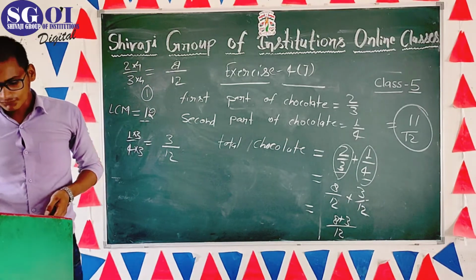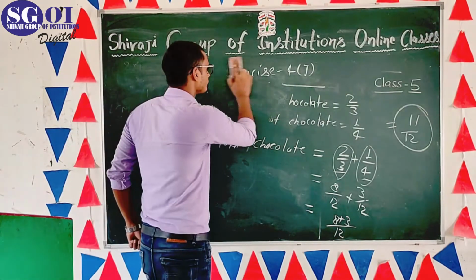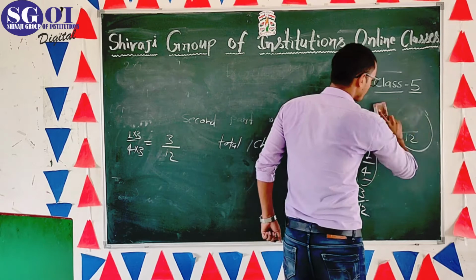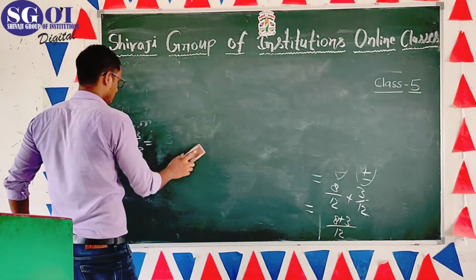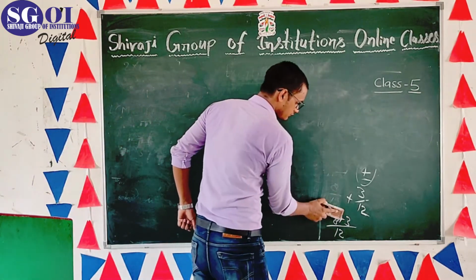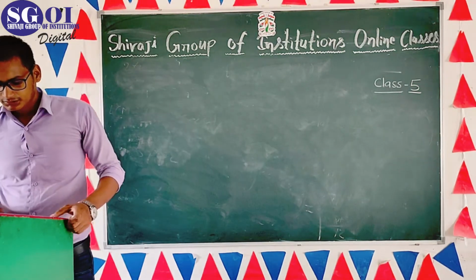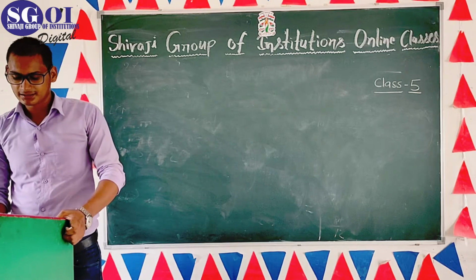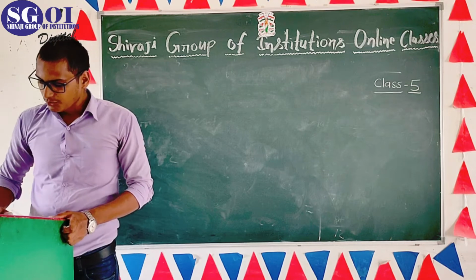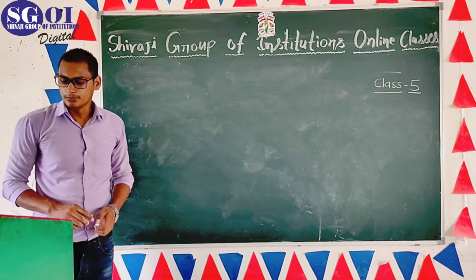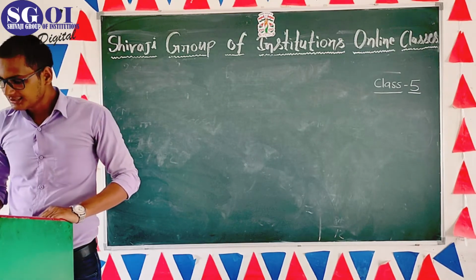Question number 2. Students, read question number 2. Kavita read English for 1 whole 3/4 hours and mathematics for 2 whole 1/4 hours. How much time did she spend on both the subjects?